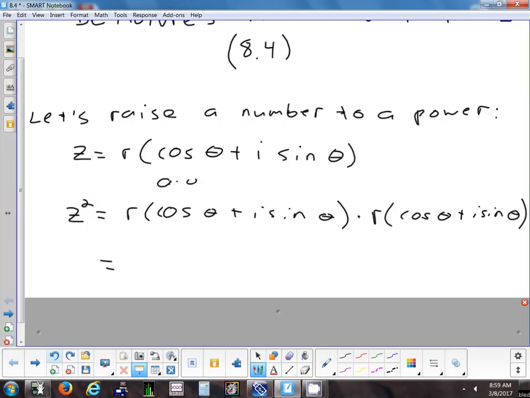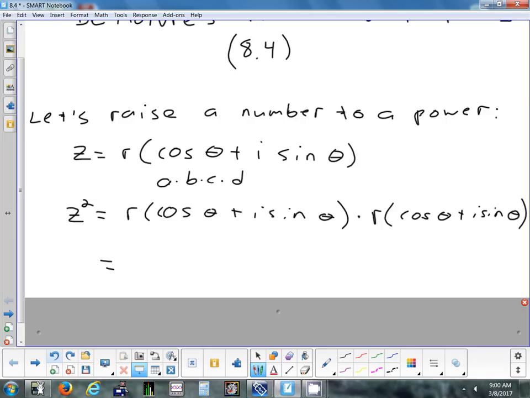If you have 4 things multiplied together, does the order matter? If this was 1 times 2 times 3 times 4, is that the same as 2 times 1 times 3 times 4? Yeah, the order you multiply numbers in doesn't matter.